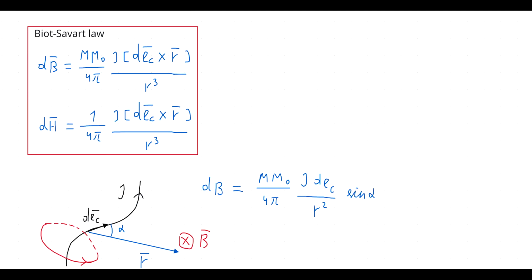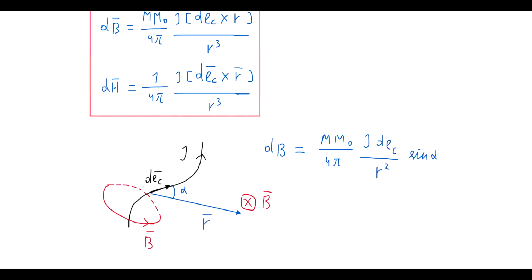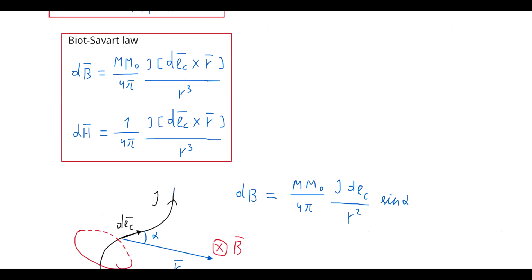This is the formula for the absolute value of magnetic induction, and it can be derived directly from the Biot-Savart law. Okay, do you have any questions about this?